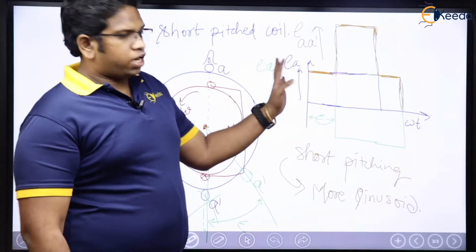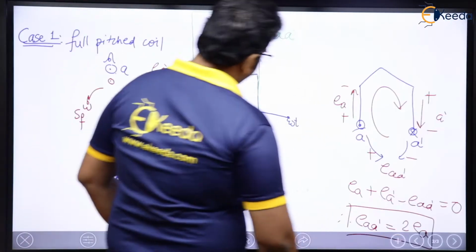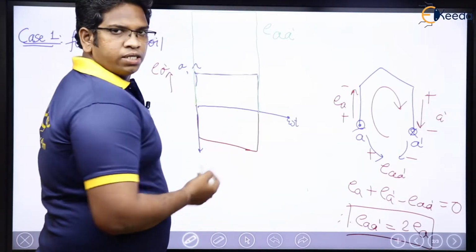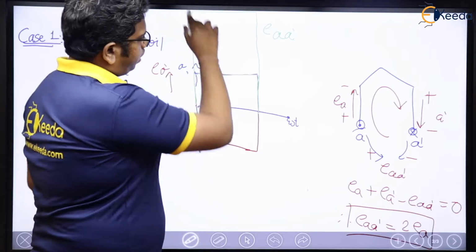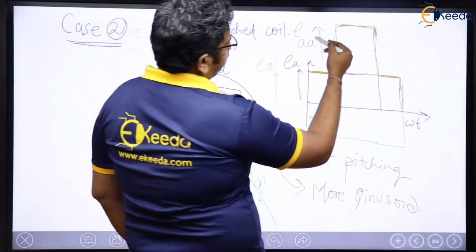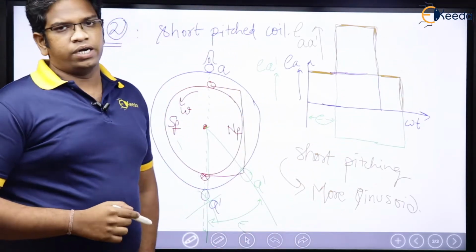Of course, RMS value will be reduced, right? Because see here, initially, if you see, these parts are not there in the next one. This RMS and RMS of this one, because these parts are not there. So of course, RMS will be reduced.